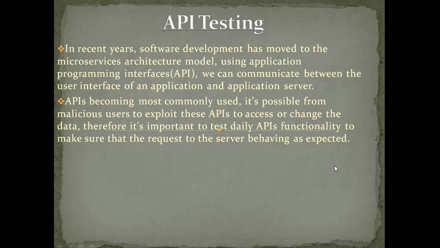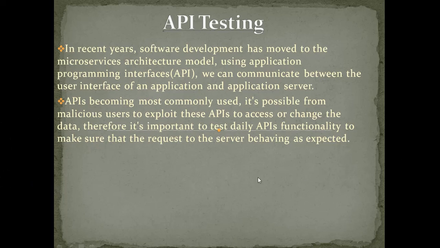This point says that if there is any issue in the API, like someone has added some wrong script, a malicious user doing something like hacking data, or they have broken the API, then if we are testing the API on a daily basis, we will come to know whether our API is working properly or not.